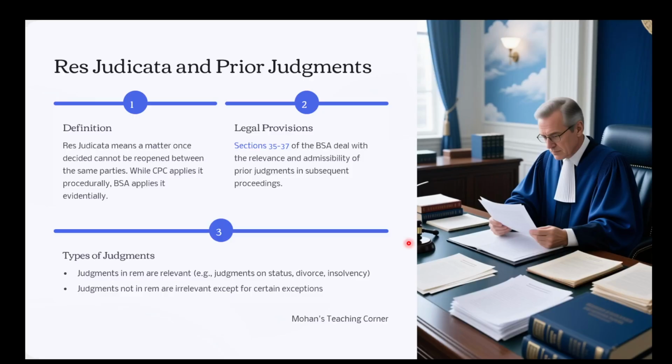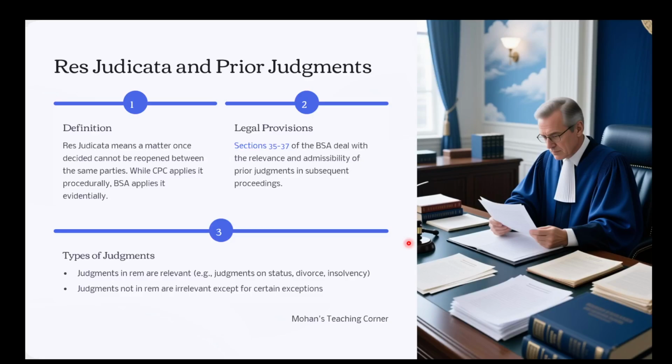So the legal provisions: sections 35 to 37 of the BSA deal with the relevance and admissibility of prior judgments in subsequent proceedings. Types of judgments: judgments in rem are relevant.